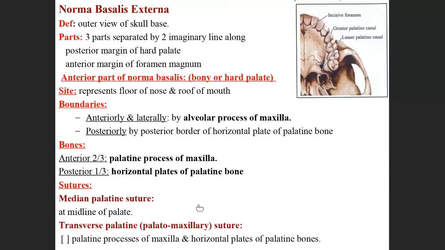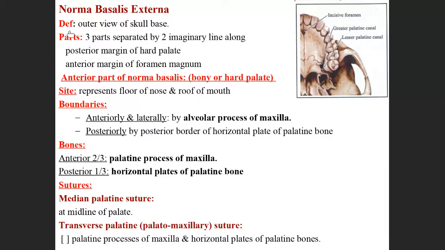Next, another important topic of the skull is the base of the skull. The base of the skull is very important, where you see most of the structures and so many foramina, and you should remember the structures coming from each foramen or each hole, because all these are very, very important.